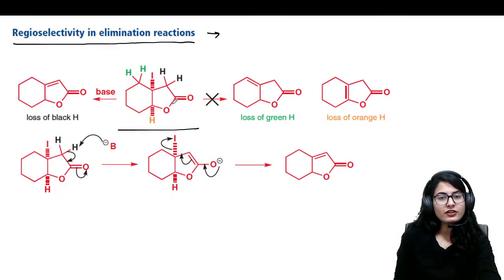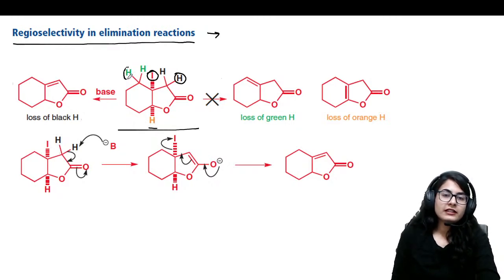Okay, so let's say this is your product of iodolactonization only. This is your iodine, and you can remove 3 of these hydrogens to give you 3 different types of alkenes. Yes or no? But which alkene is going to be the major product?